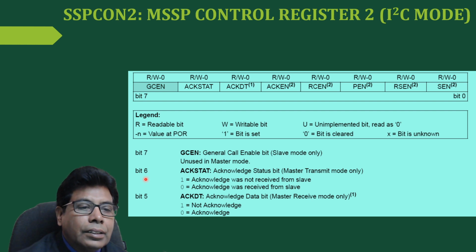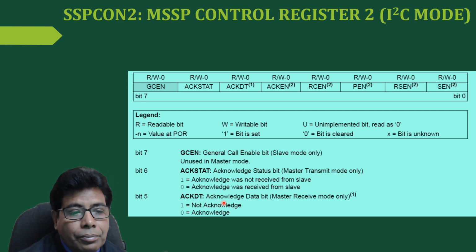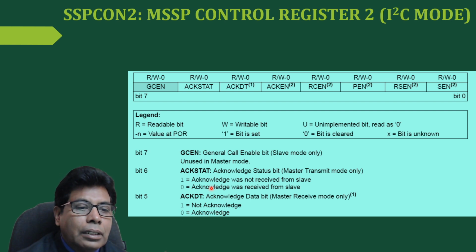Then bit 6 is for the acknowledge status bit. 1 means acknowledge was not received, 0 means acknowledge was received. And then bit 5, there is the acknowledge data bit. 1 means not acknowledgement, 0 means acknowledgement.